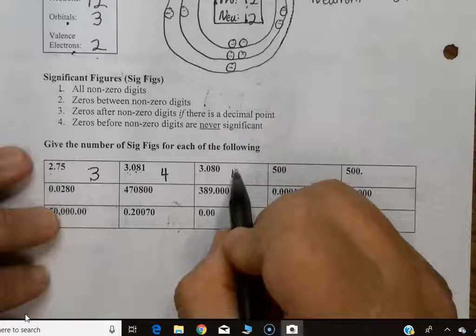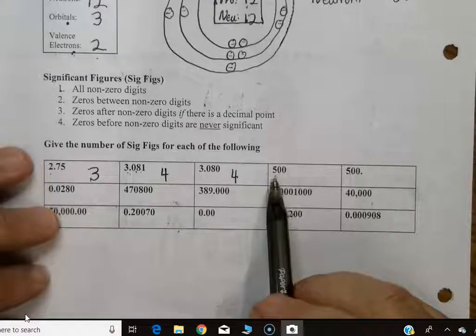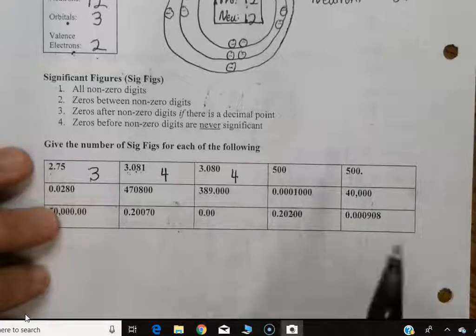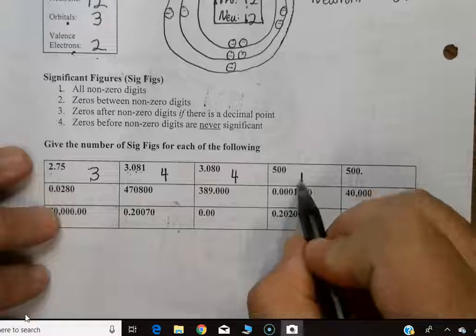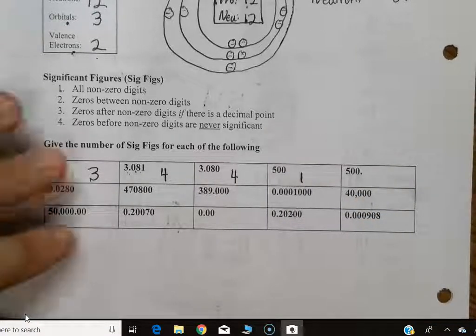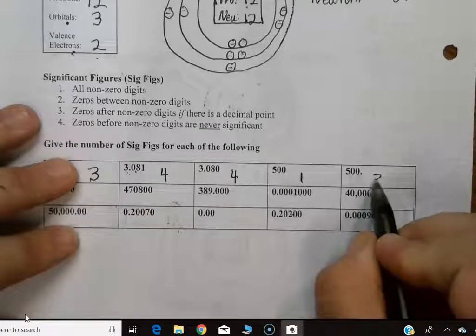So that's 4. Okay, 500. You have 1 significant figure. The 2 zeros are ambiguous because there's no decimal point, but we're saying that they are not significant if there's no decimal point. So that's 1 significant figure. Next, 500. It does have a decimal point. That makes everything significant, so that's 3.